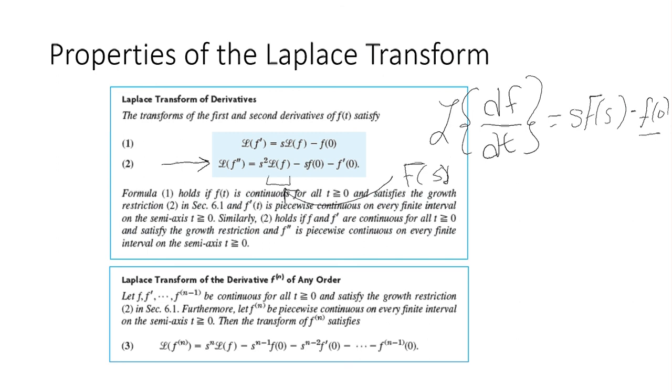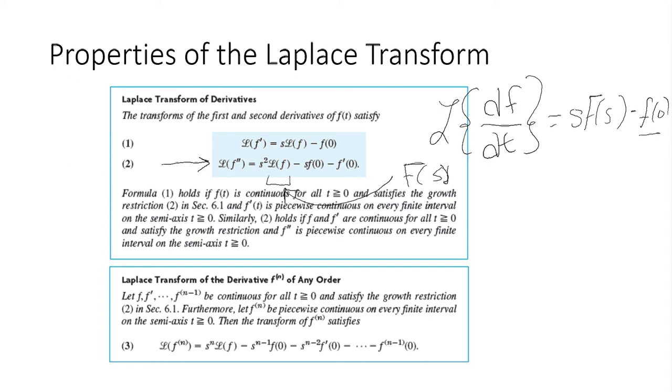Very conveniently, we will often define process control problems in a way that the initial condition of the function and its derivatives are 0. That's very useful.